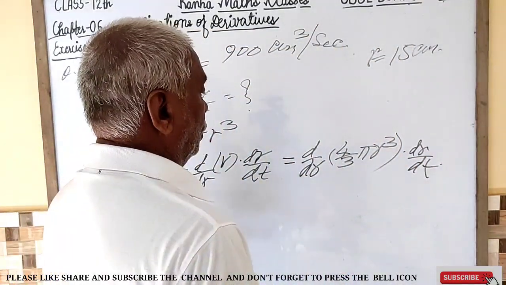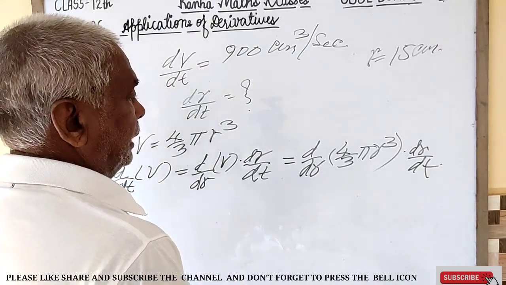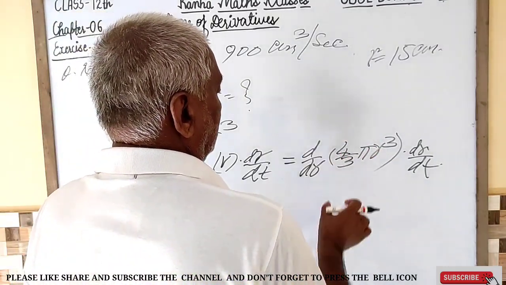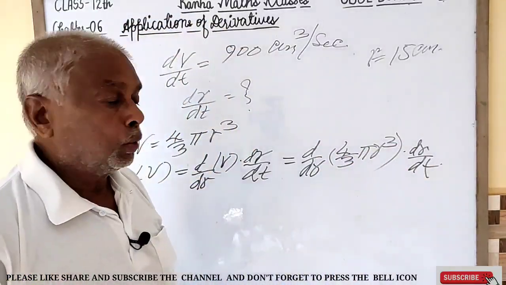This is by chain rule. Actually this is dV/dt, this is V. So dr will be cancelled by chain rule.